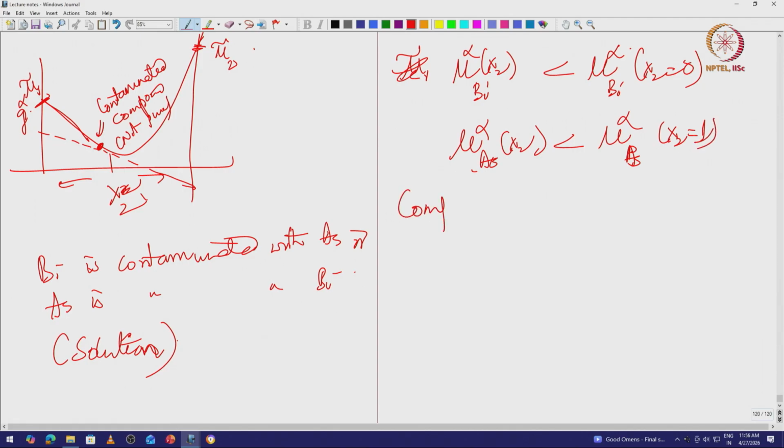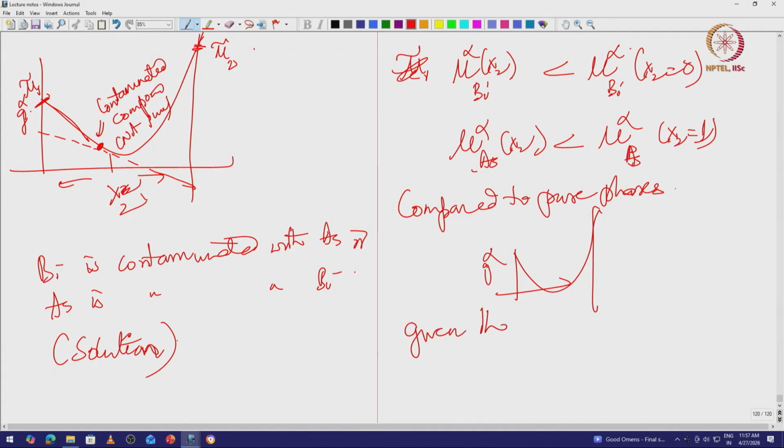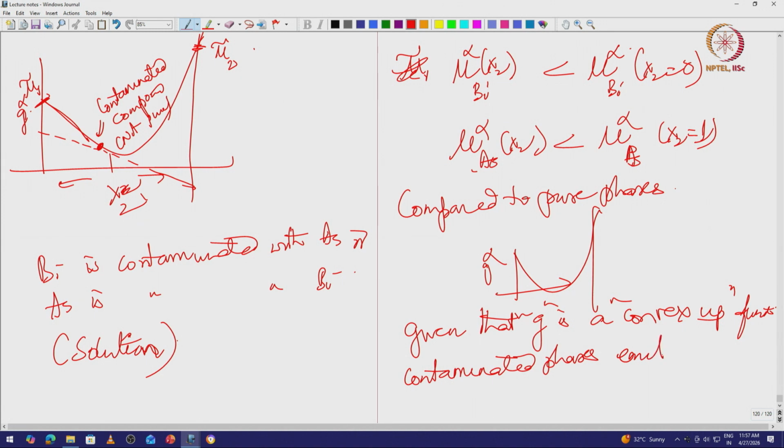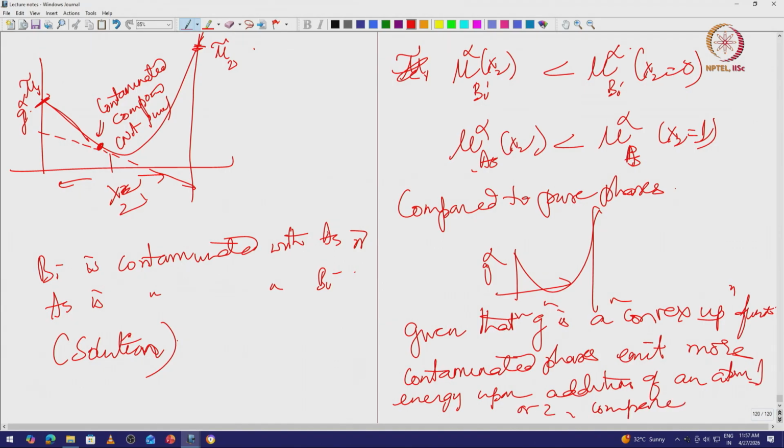So, compared to pure phases, given that my G of alpha is a convex up function, it looks like my contaminated phases emit more energy upon addition of an atom or 2 compared to pure phases. Mu is less, meaning mu is more negative, right.